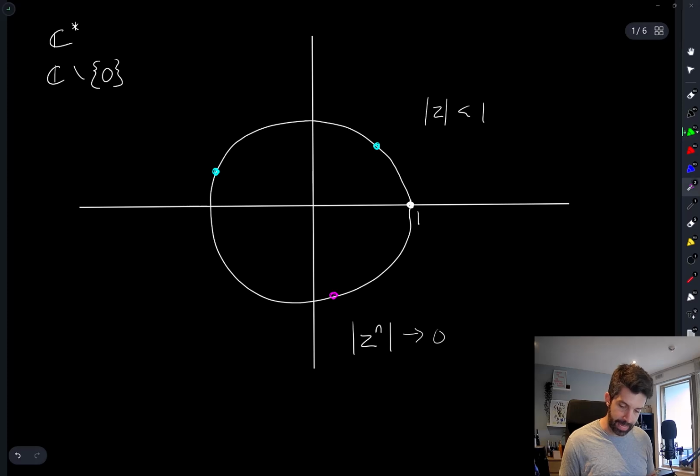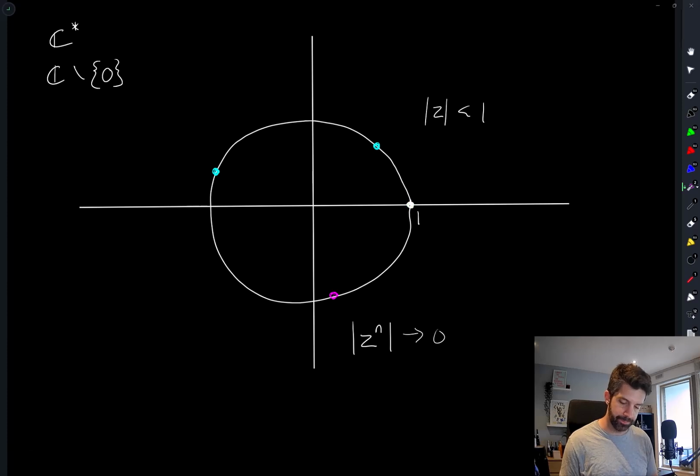There's clearly an identity to this operation. The number 1 itself is the multiplicative identity of complex numbers, and there are clearly inverses. If I just take the complex conjugate, multiply those two numbers together, I will always get back 1.